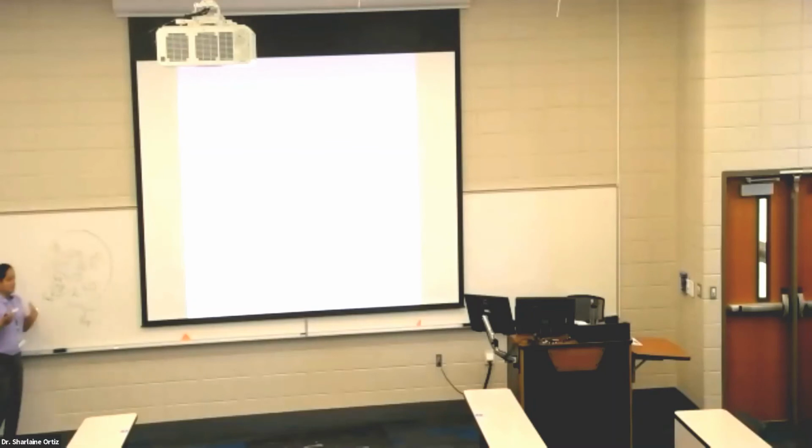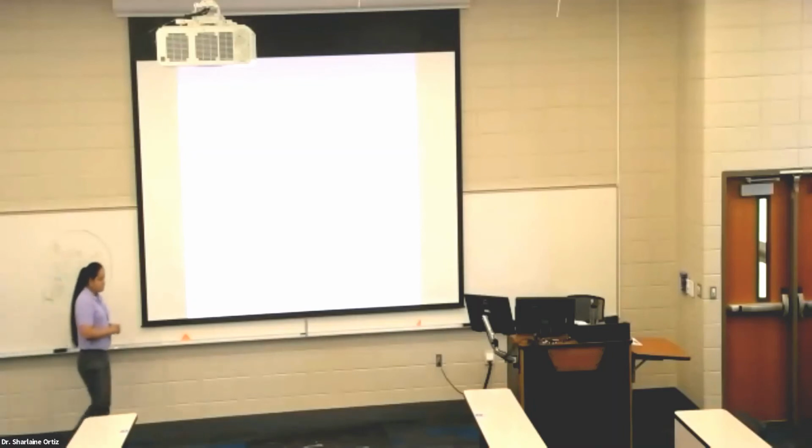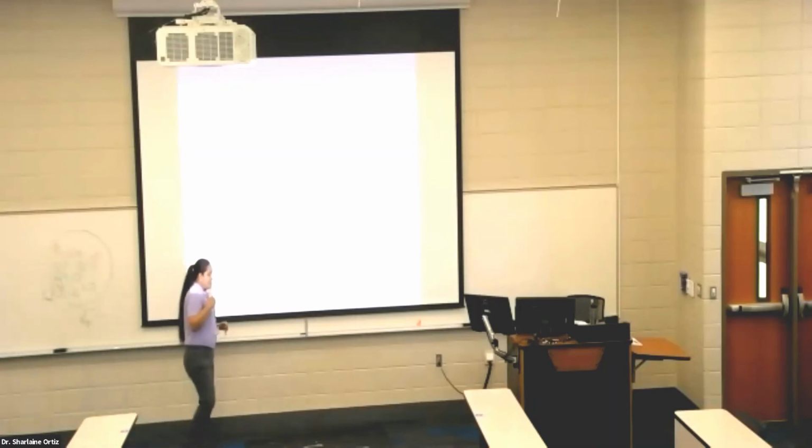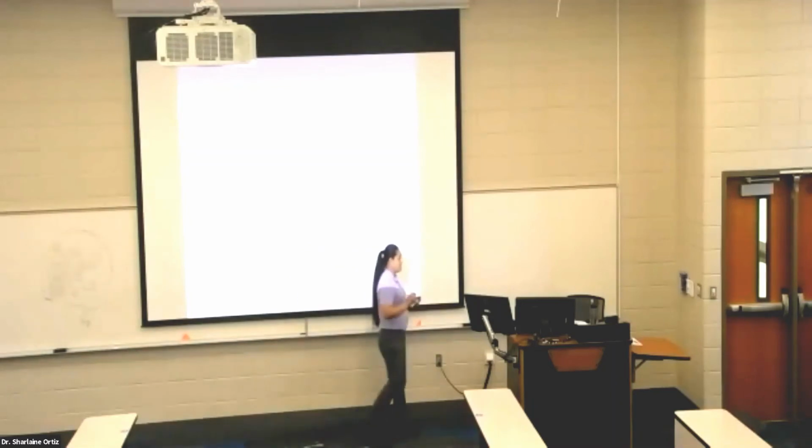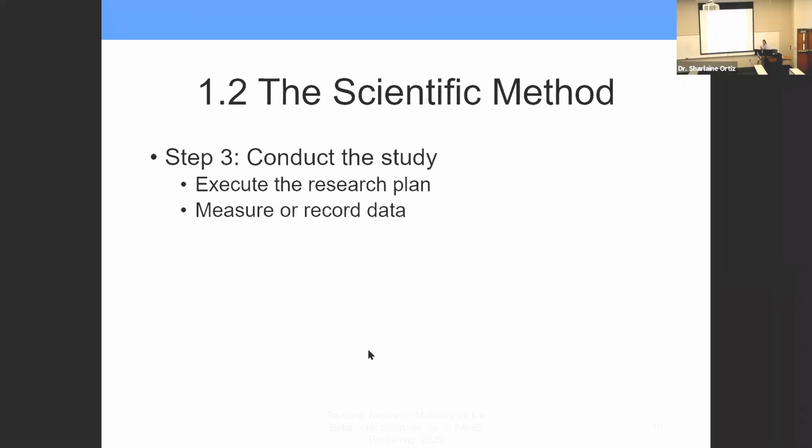That's a little bit ahead of time, but when we start talking about representation of samples, we'll talk about that a little bit later. We define our population, we define our method. Now we can actually roll up our sleeves and execute the research plan.